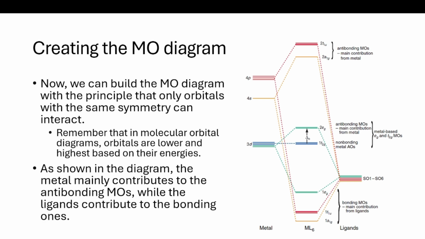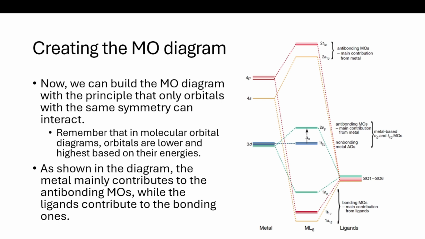Now, since we already grouped them into different symmetries, using the principle that only orbitals with the same symmetry can interact, we can build a molecular orbital diagram. And what we see is we're going to get bonding molecular orbitals whose main contribution is going to be from ligands. And in addition, we're going to get some non-bonding atomic orbitals from the metal.